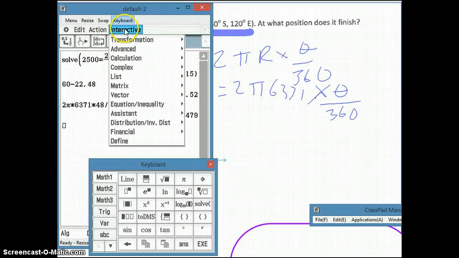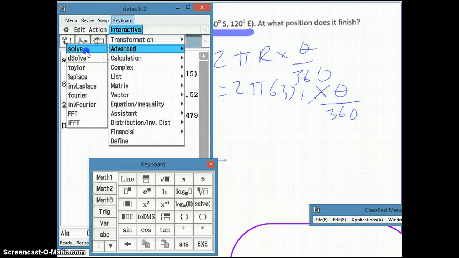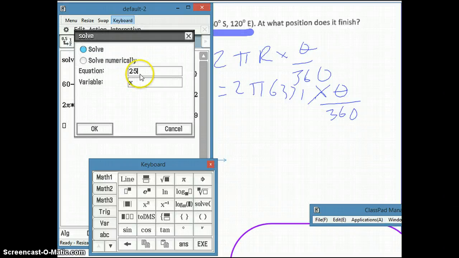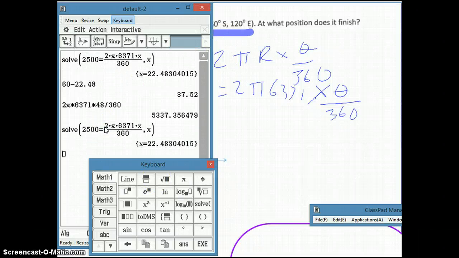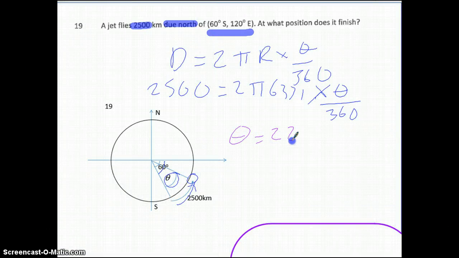If you haven't done this before, go to interactive, advanced, solve, and we're going to type in 2,500 equals 2 times pi times 6371 times theta, which we don't know. We're going to call x over 360 and solve for x. So we get 22.48. So 22.48 degrees is that angle. So theta is 22.48.